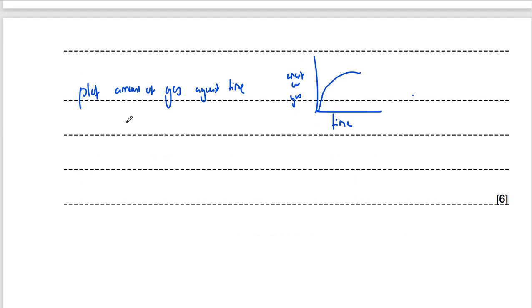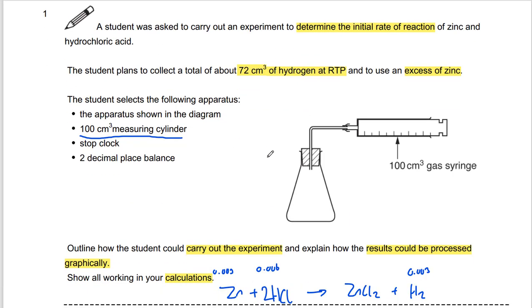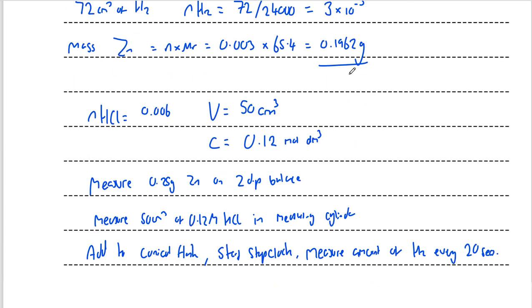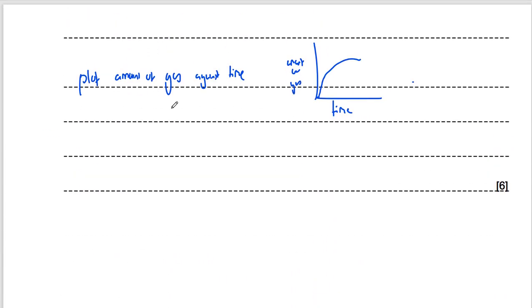to work out, again, back to our question, the highlighted bit. So I've carried out the experiment. I've used all this, I've used my calculations. Now I need to determine the initial rate of reaction. So that means plot amount of gas against time. You need to draw a tangent. If you remember that from GCSE, draw a tangent at t equals 0 and calculate the gradient.